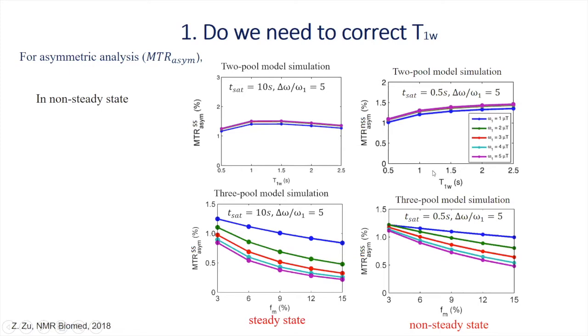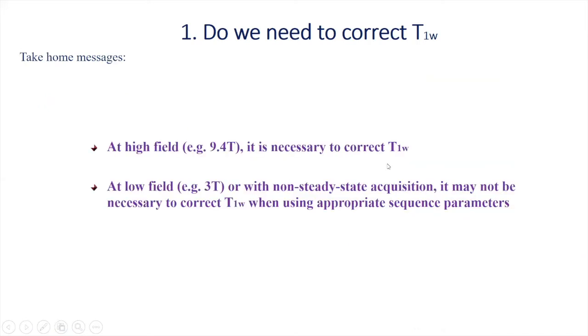So in this subsection, I introduced a signal model, guided by which we can know how the CEST signal depends on T1. Take-home message: at high field, such as 9.4 Tesla, it's necessary to correct T1. But at low field, such as 3T, or with non-steady state acquisition, it may not be necessary to correct T1 when using appropriate sequence parameters.